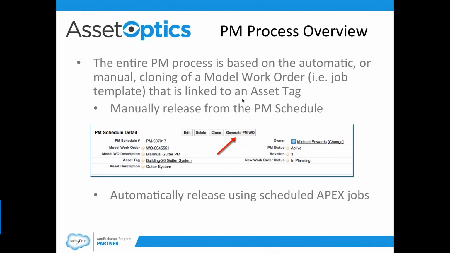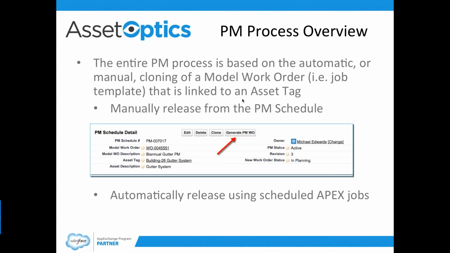The first thing that we're going to cover is really the preventive maintenance process overview. So we have a combination on this webinar of existing customers as well as prospective customers. So I'm going to speak to both of those audiences. In AssetOptics, the preventive maintenance process is all predicated upon the creation of a model work order. That model work order serves as a job template.